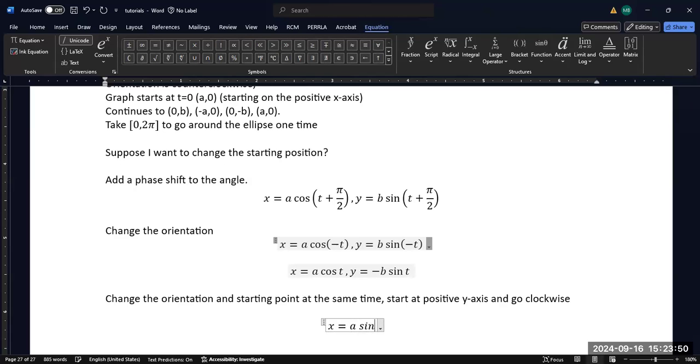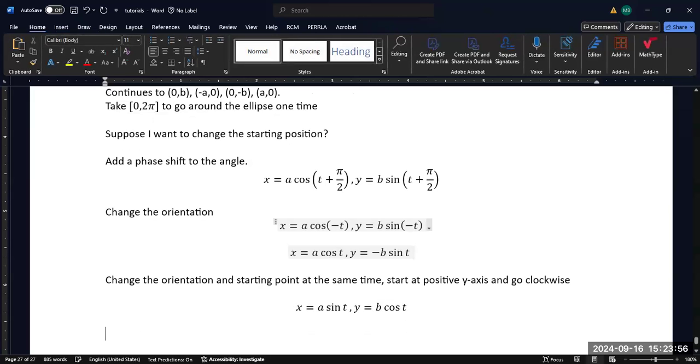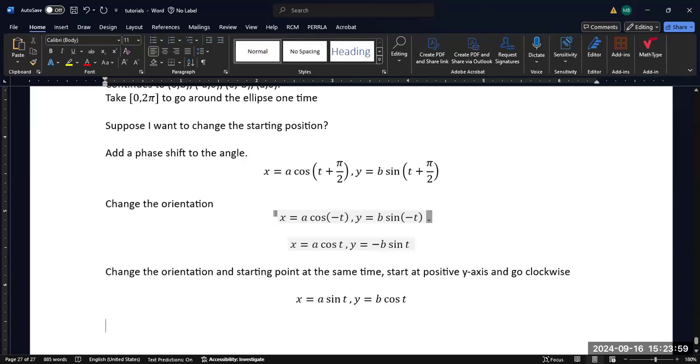So this would become x is a sine t, and y is b cosine t. That will have this double effect in that you will start at (0, b), but you will go clockwise around the ellipse. And again, I've left the a's and b's positioned in the x and the y coordinates the way they were so that you're not changing the shape of your ellipse, you're only changing the orientation and starting point.